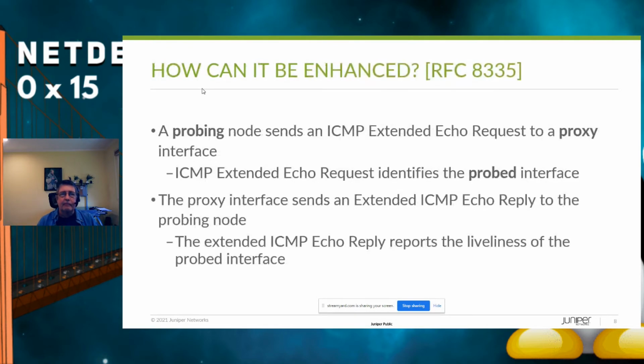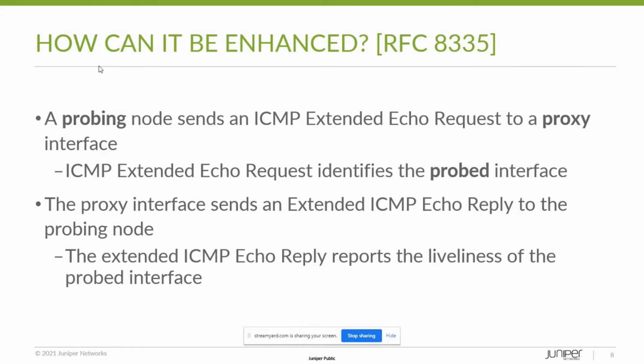So how can we enhance this? Well, a few years ago, a few colleagues and I wrote RFC 8335. In 8335, the probing node sends an extended ICMP echo request to a proxy interface. The proxy interface must be reachable. The extended echo request identifies the probed interface.